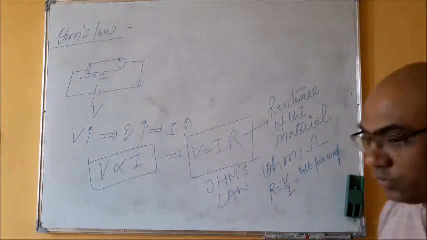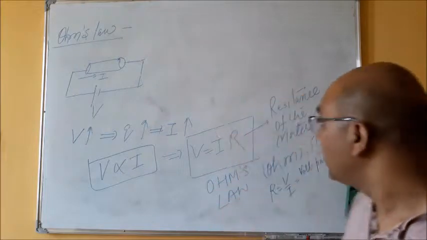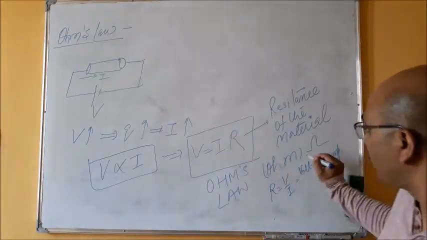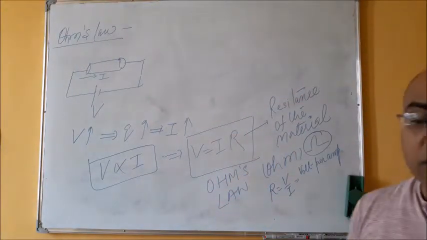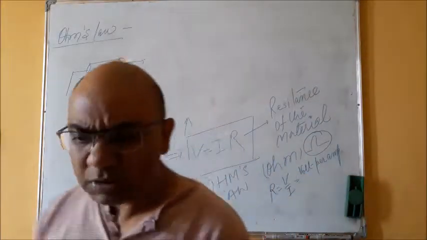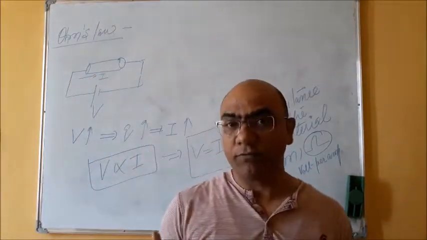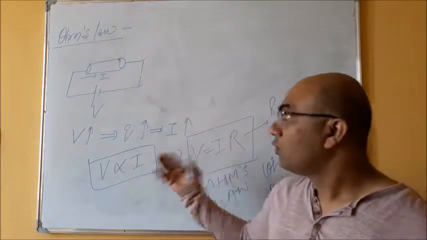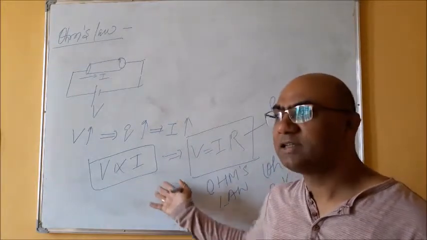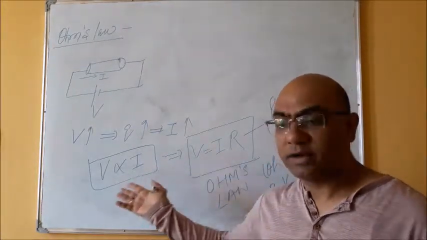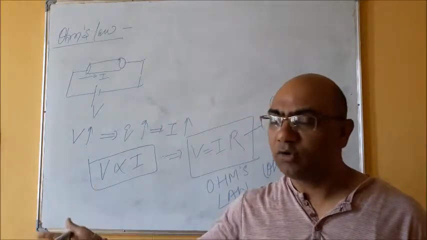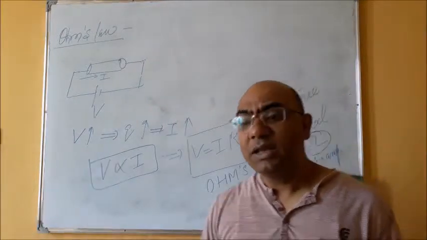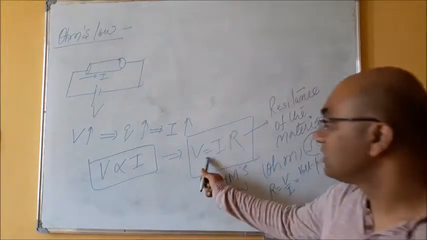So the unit of resistance is ohm, denoted by this symbol. This is the basic definition of Ohm's law, that the potential is directly proportional to the current. More current, more voltage; more voltage, more current; less voltage, less current, and hence this relation is given by V equals IR.